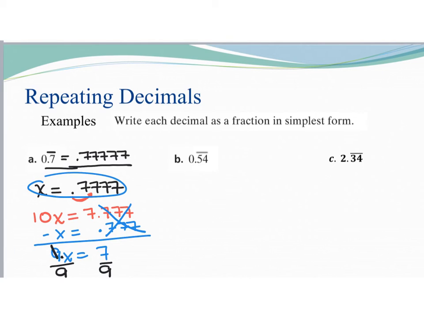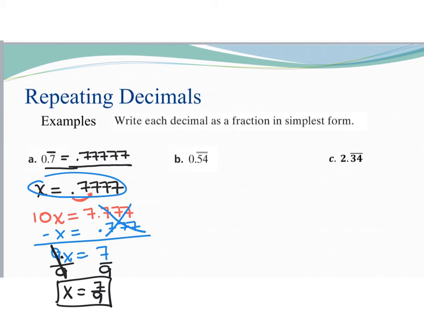So here, my 9x divided by 9 is going to leave me with just 1x, and then I'm left with a fraction of 7/9. So if you were to go and double check, 7 divided by 9 will actually give you 0.7 repeating.